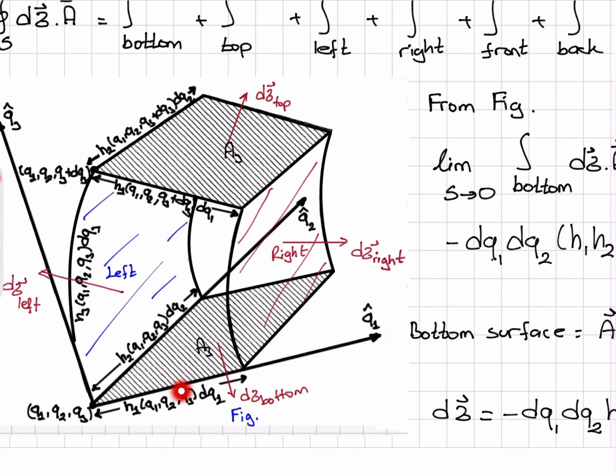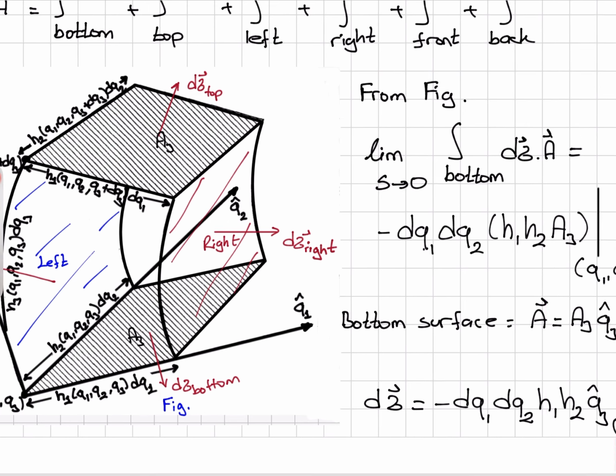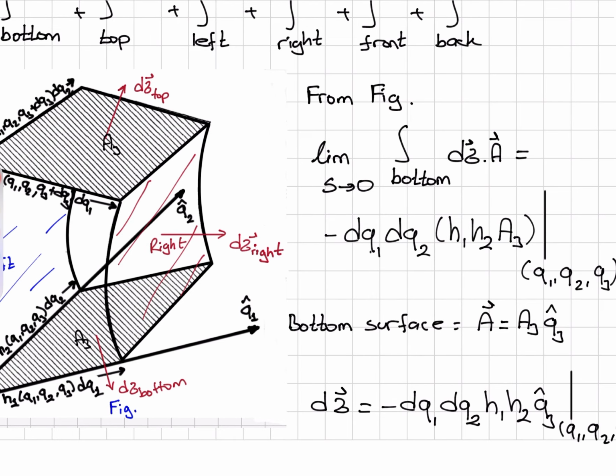Therefore, the differential area is h1 dq1 h2 dq2. But the area vector d sigma for the bottom has to point in the minus q3 hat direction. Why? It has to be normal to the surface, pointing in the outward direction. So d sigma is minus dq1 dq2 h1 h2 q3 hat.